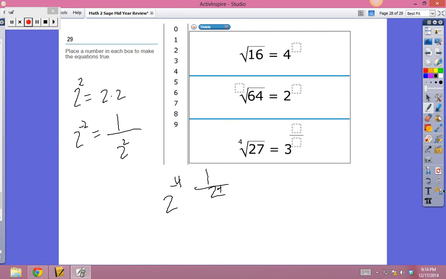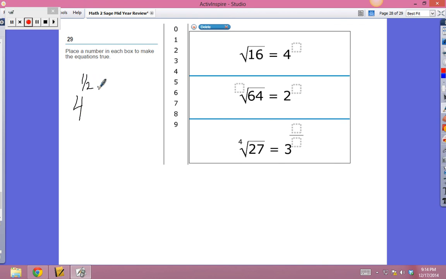But what happens when you plug in a fraction as an exponent? What really is going on is some type of radical. And this is what you got to memorize. 4 to the 1/2 is equal to the radical of 4, the 2 is the index, and the 1 is the exponent.